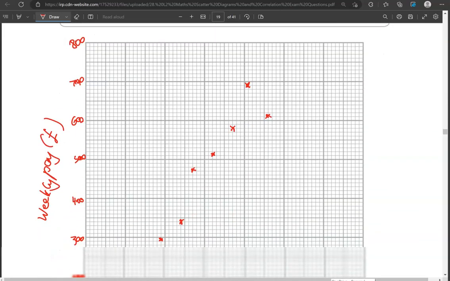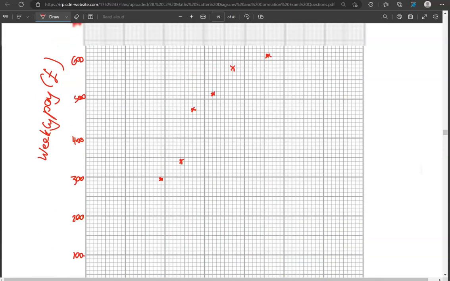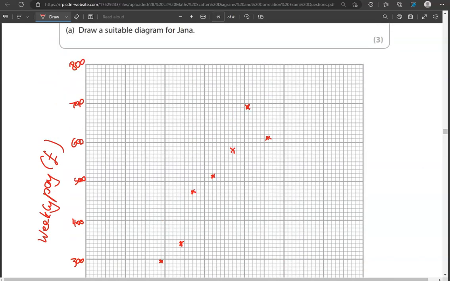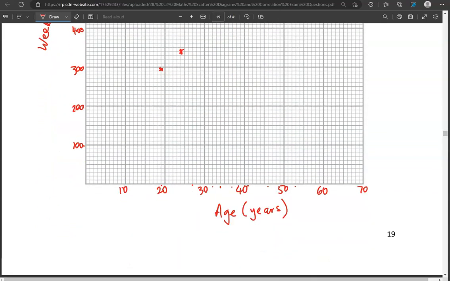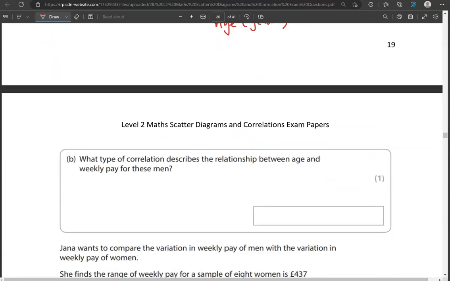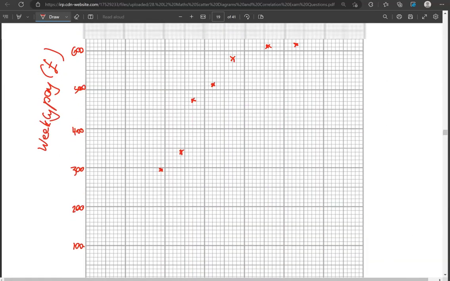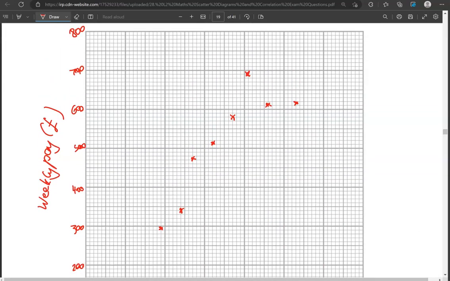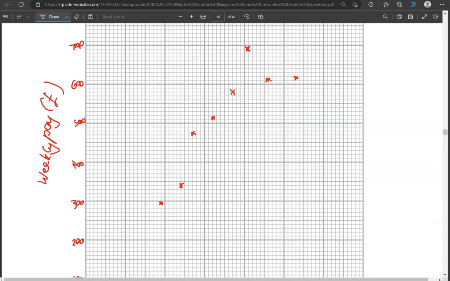So we've drawn the scatter diagram, we've plotted the points. What type of correlation describes the relationship between age and weekly pay for these men? It's a positive one. So as age increases, so does the pay.